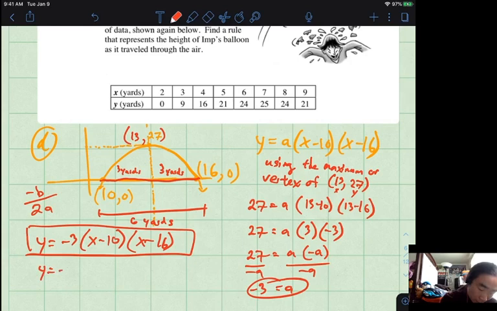Y equals negative 3 x squared plus 160, plus 20, oh, minus 26 x.